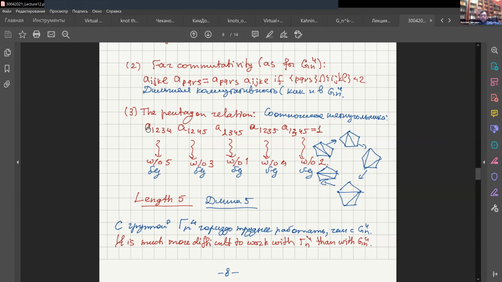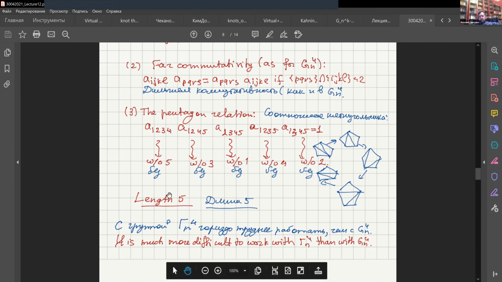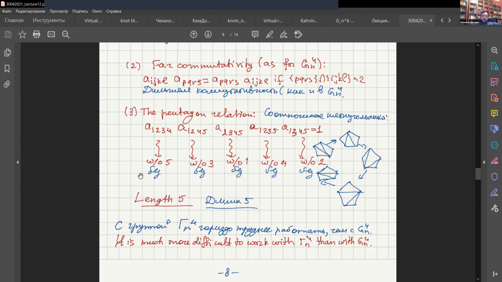So first we have A, again, excuse me for writing not A and not B, 1, 2, 3, 4, then 1, 2, 4, 5, 2, 3, 4, 5, 1, 3, 1, 2, 3, 5, and 1, 3, 4, 5 equals 1. Of course, here I should have written not just 1, 2, 3, 4, 5, but just substitute whatever I, J, K, L you wish. And actually, let's now look more carefully.